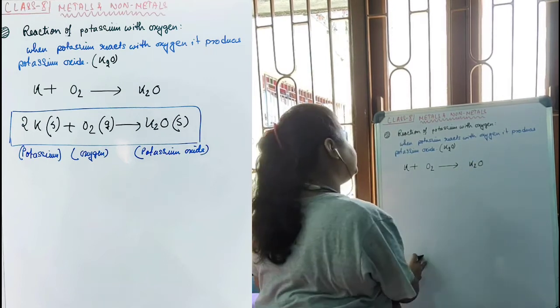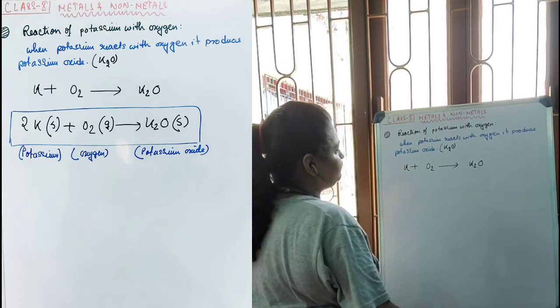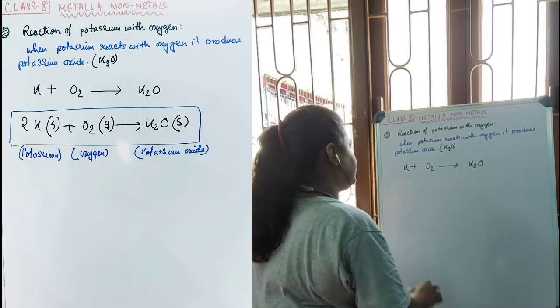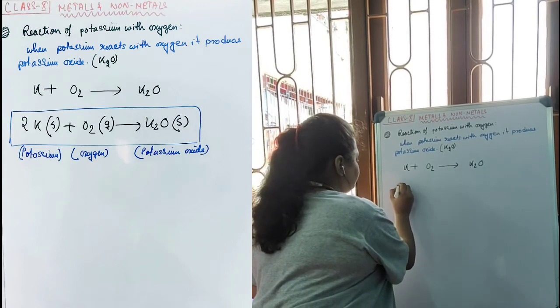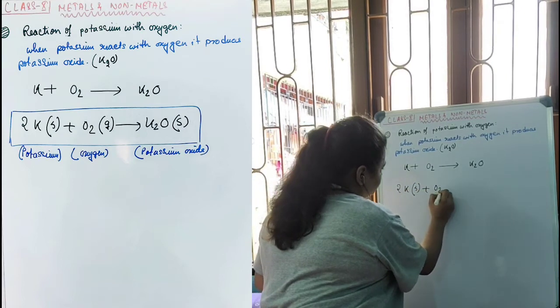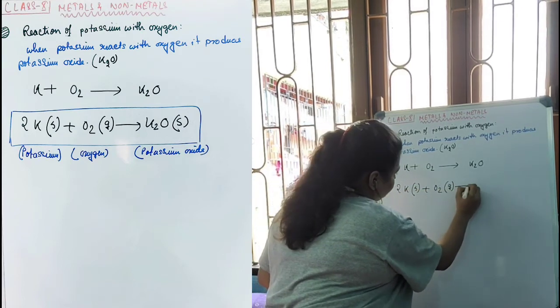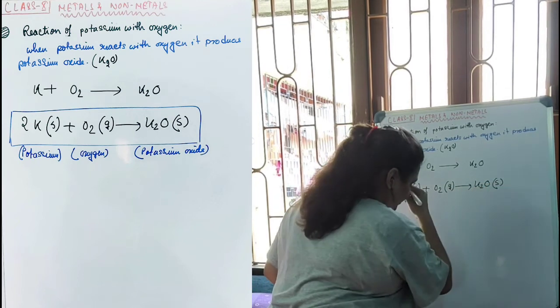Now this is only the representation of the chemical reaction with the help of its chemical formula. This is not a complete balanced chemical reaction. If I try to do the complete balanced chemical reaction, that will be 2K solid plus O2 in its gaseous form reacting to form K2O in solid form.